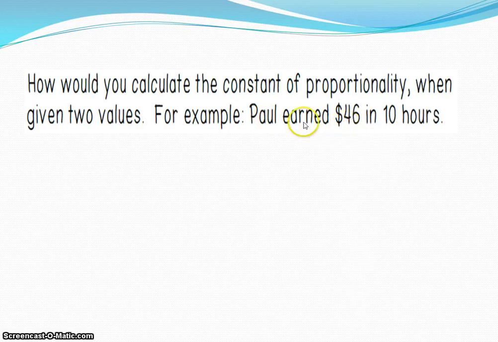Does the money Paul earns depend upon the number of hours he works, or does the number of hours he works depend upon the amount of money he earns? Well, it seems to me that the more he works, the more money he will earn, so that makes the 10 hours the independent variable and the 46 the dependent variable. So I would divide 46 by 10 to get our constant of proportionality.